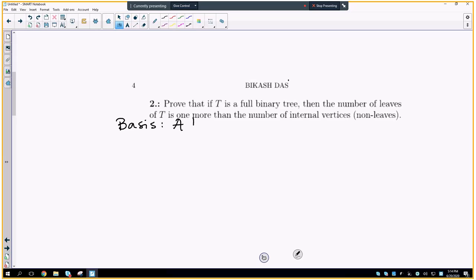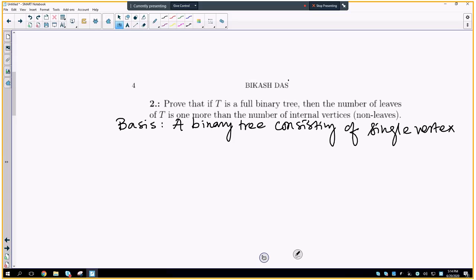Let's say a binary tree consisting of a single vertex, when n is 1, has one leaf and no internal vertex.